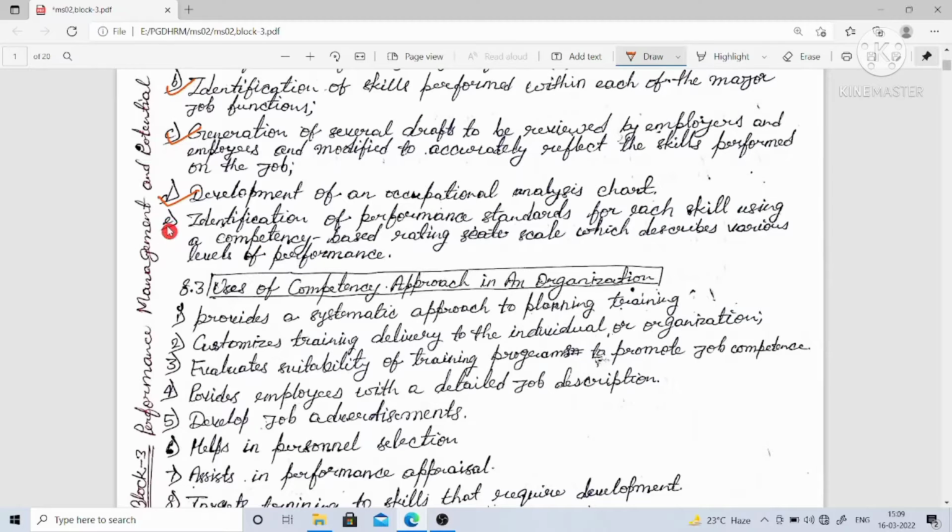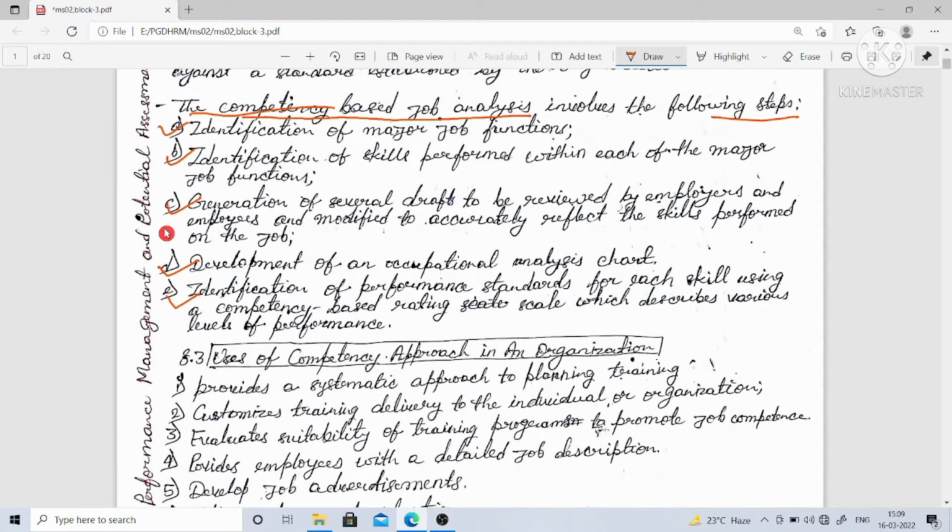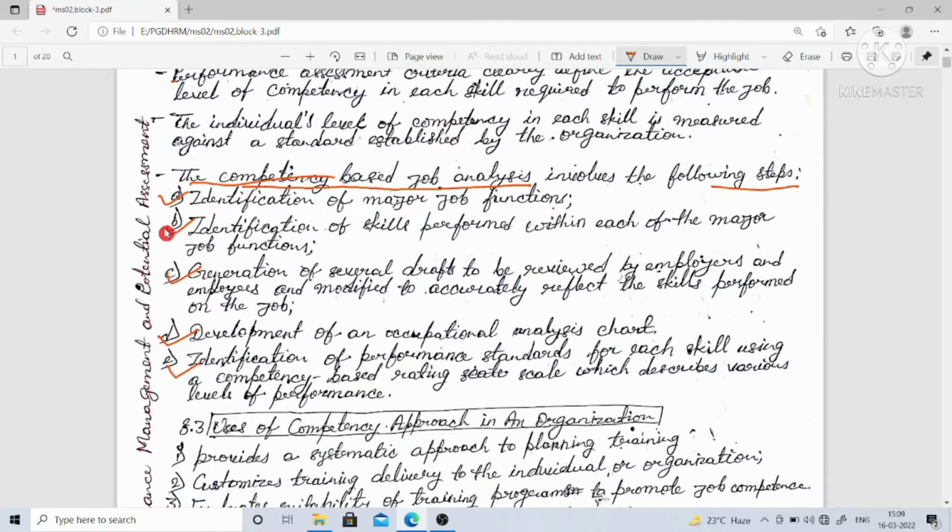So performance standards should be identified to describe various levels of performance. So these are 5 different steps in competency based job analysis.